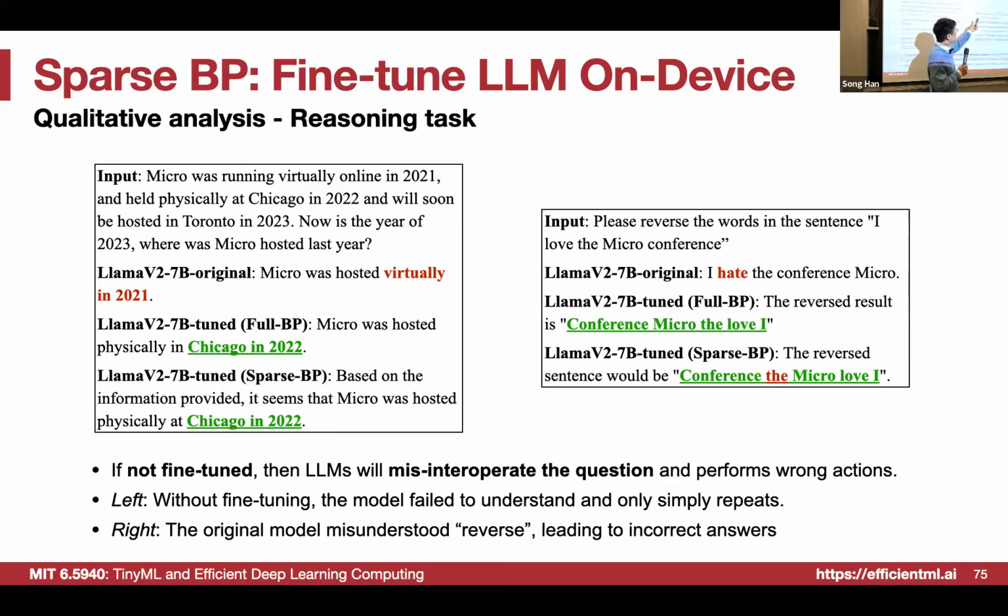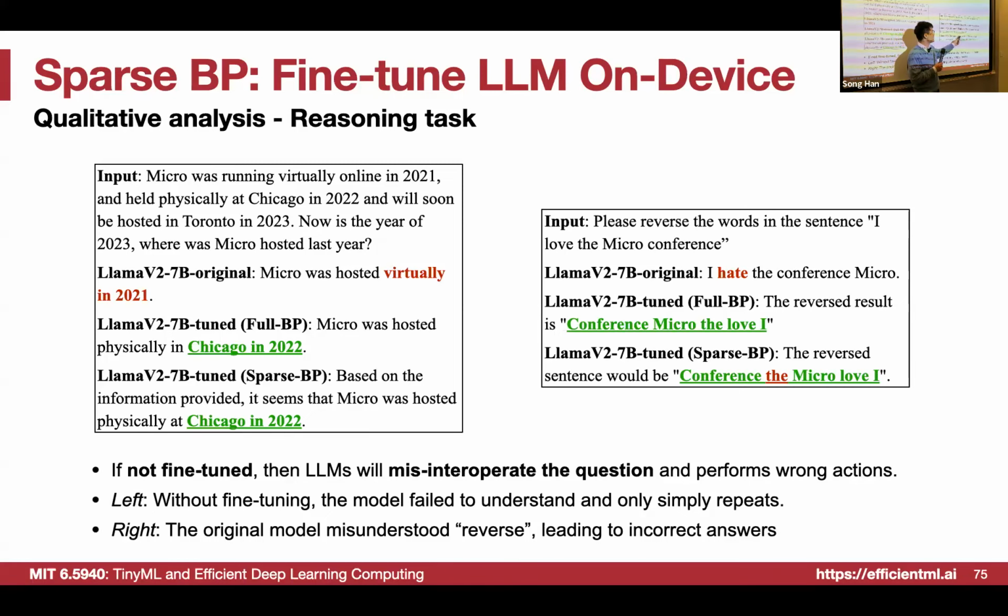Another interesting example: please reverse the words in the sentence, "I love the MICRO conference." The reverse should be "conference MICRO the love I." But without instruction tuning, it says "I hate the conference MICRO," completely wrong. The full BP says the reverse result is "conference MICRO the love I," which is correct.